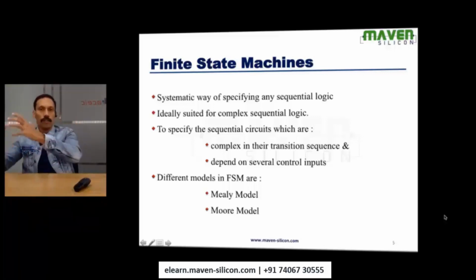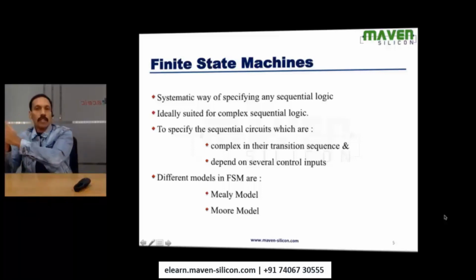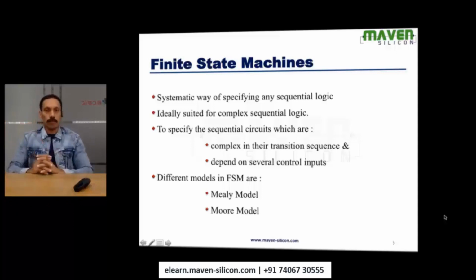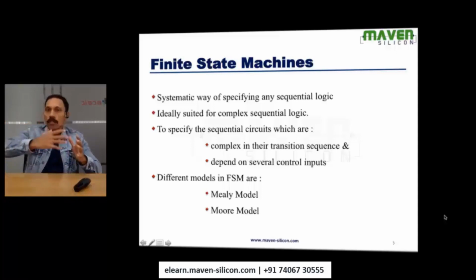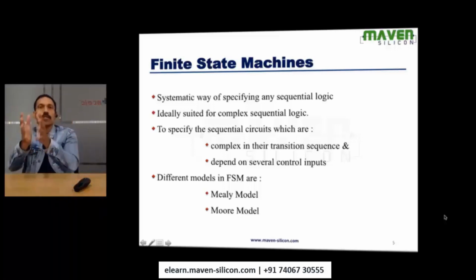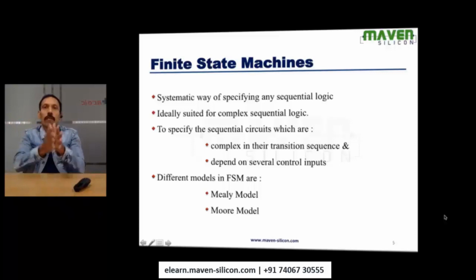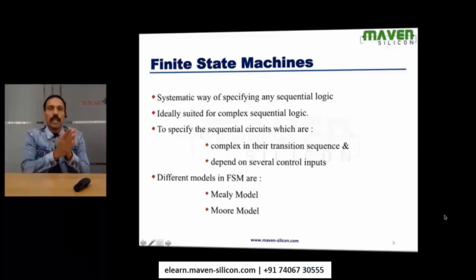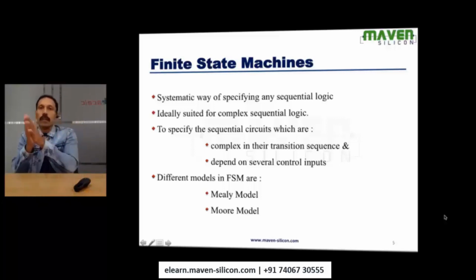Again, there are different kinds of inputs, and based on the inputs, it gets into a new state, and based on this state, it produces a different kind of output. Like this, the circuit is moving through various possible states. Now, if you consider the number of states, it's huge. So in this case, we use finite state machine to define this kind of complex functionality in terms of states. It's very straightforward. So it's a systematic way of specifying sequential logic. Basically, we can classify them into Mealy model and Moore model.